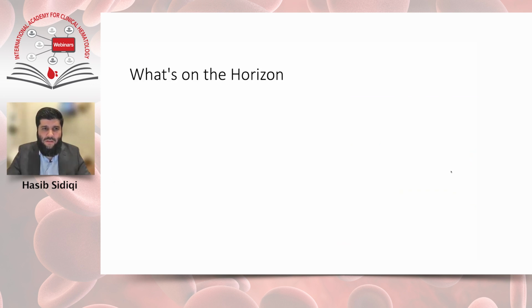So what's on the horizon? Well, I think novel combinations of anti-plasma cell agents, particularly given the plethora of anti-plasma cell agents that are being developed. In addition to that, looking at novel targets such as BCMA. And what about bispecifics and CAR T cells in patients with light chain amyloidosis?